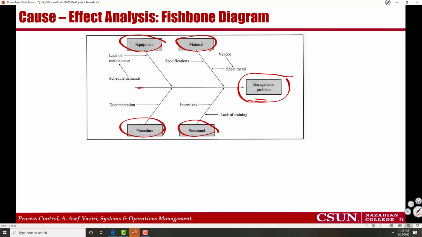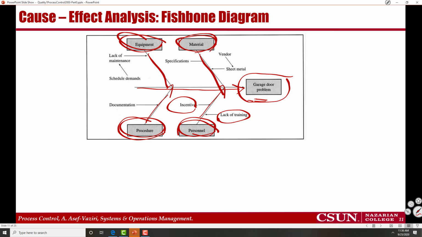We are looking at the problems of our garage door. We want to know what problem is here, here, over there, and here. These four can be sources of problems. Regarding personnel, for example, we may find out they are not well trained. We don't have enough incentive to motivate them to achieve a high level of quality.